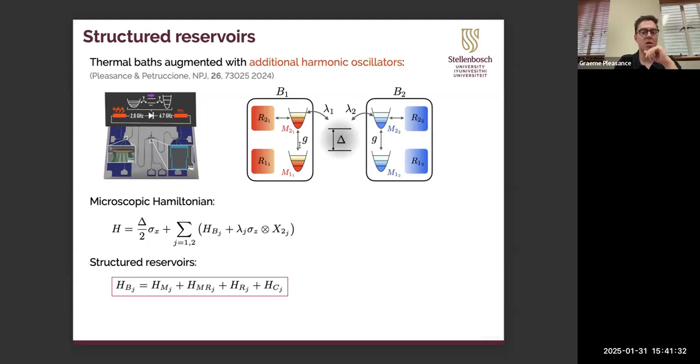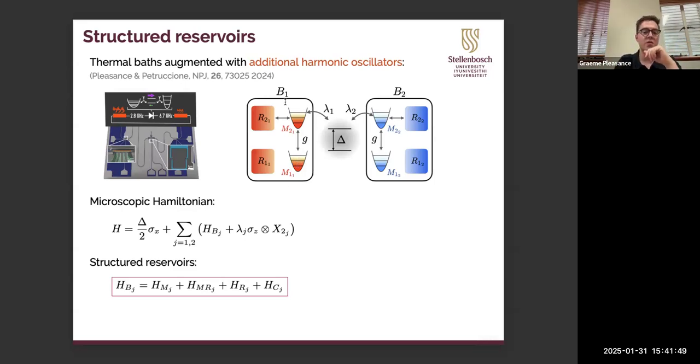In particular, we assume that rather than the hot and cold reservoirs each being comprised of a single oscillator plus an additional heat bath, we add an additional harmonic oscillator into the mix.